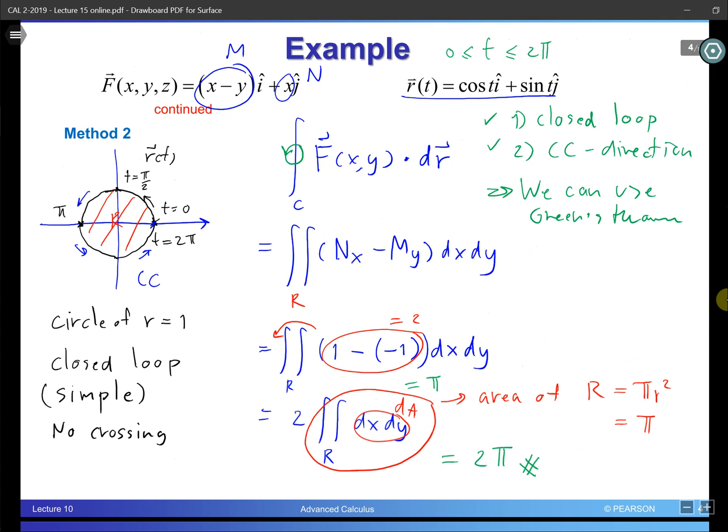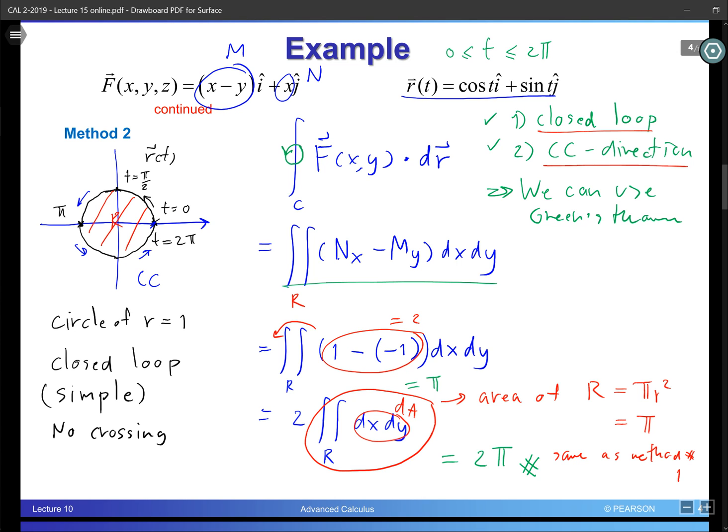We see that this is a closed loop, and we also see that this is counterclockwise direction, so we use Green's theorem, and it becomes just the double integrals. In terms of calculation, I think this is easier, and as you can see, just a few lines and you get the same result, 2 pi, same as method 1.